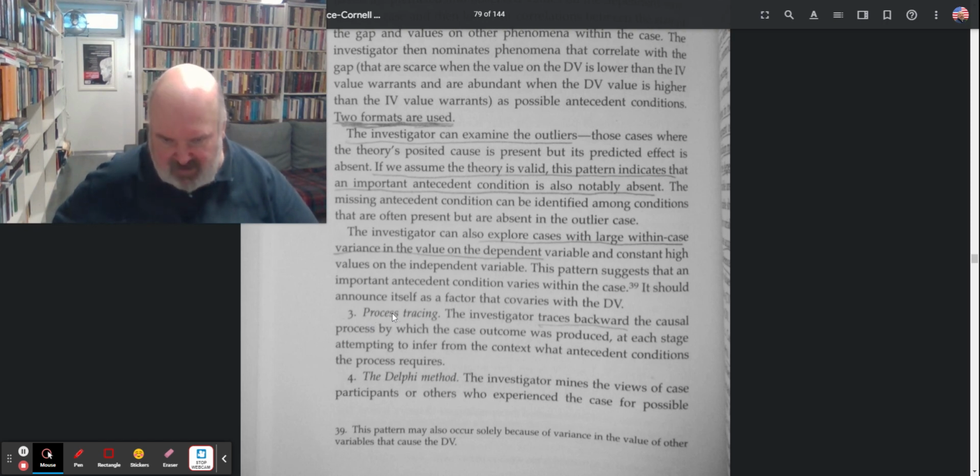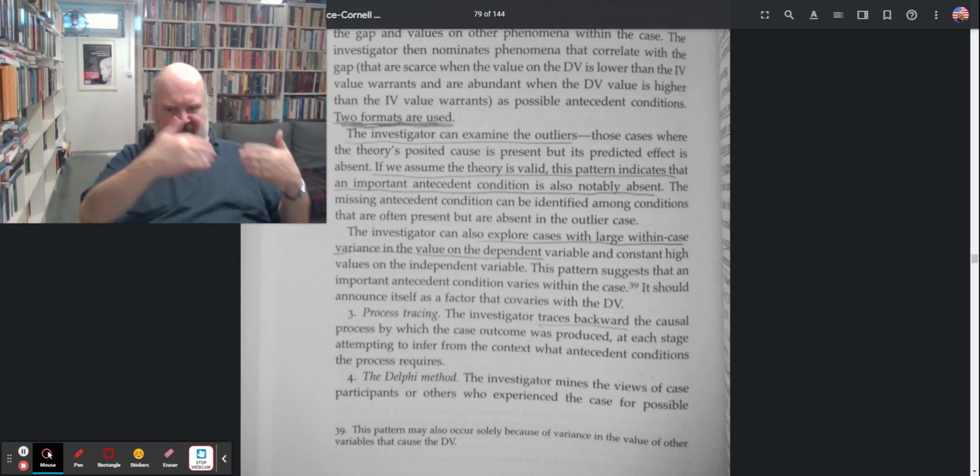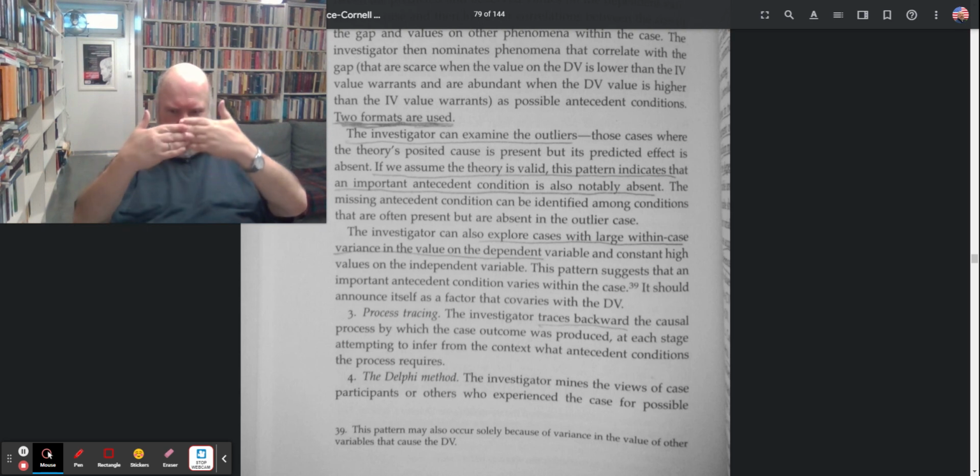Now, process tracing is, again, like process tracing happens with creating theories. The investigator traces backwards the causal process by which the case outcome was produced, at each stage attempting to infer from the context what antecedent conditions the process requires. So look at this process.